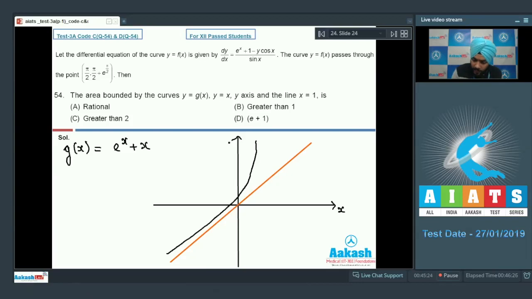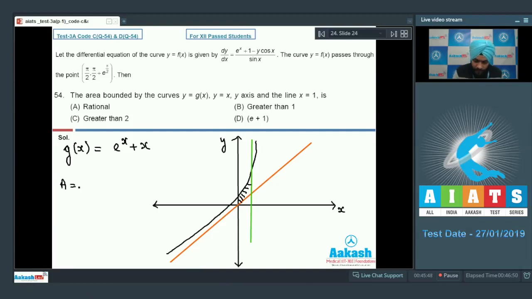This is the x-axis, this is the y-axis. y equal to x is a line already drawn in yellow. x equal to 1 is a line parallel to the y-axis. That means they are talking about this particular area.